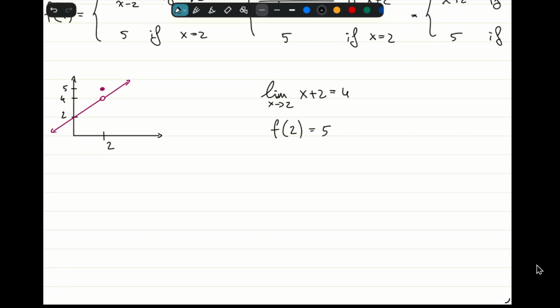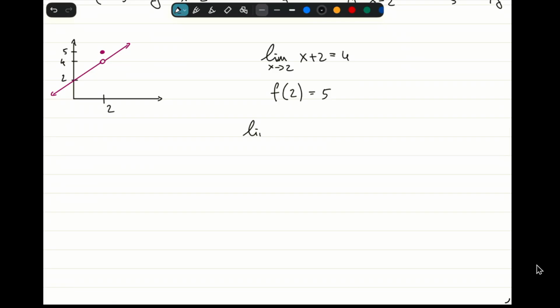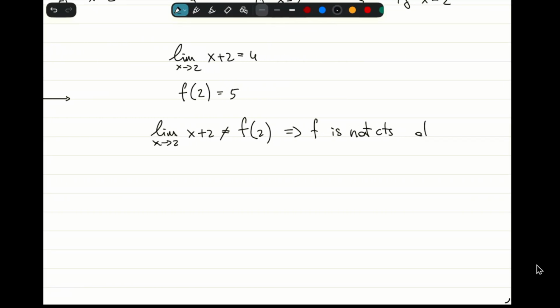So since the limit as x approaches 2 of x plus 2 is different from f of 2, this implies that f is not continuous at x equals 2.